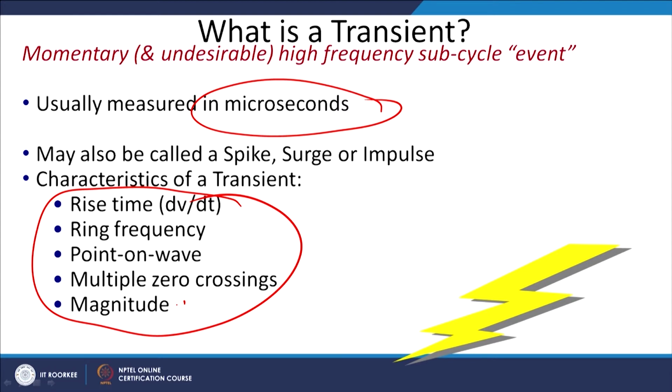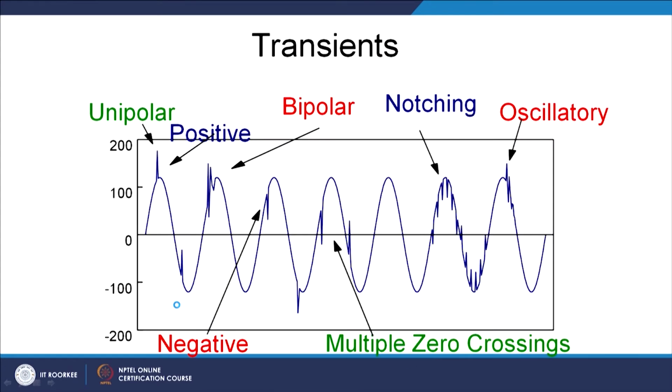Due to lack of time I cannot explain, please refer back to my transient class in the overview, where I have discussed all the things. So, this is a unipolar positive, the spikes do not come here, and this one is negative, and this one is bipolar.